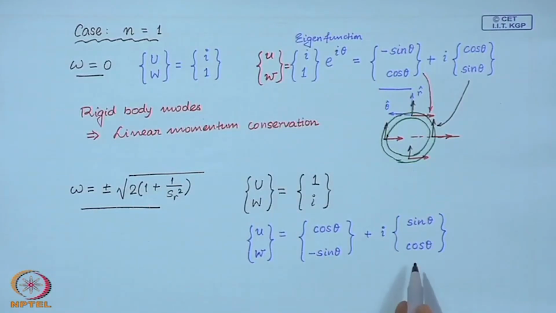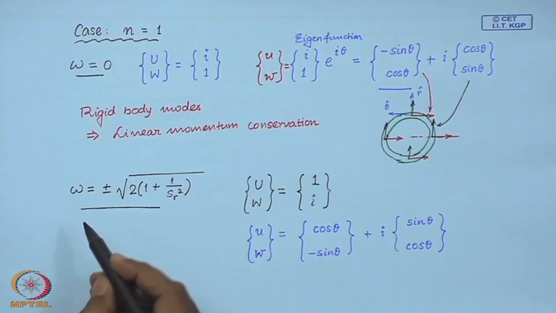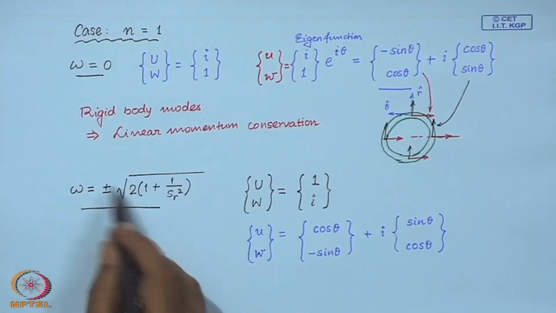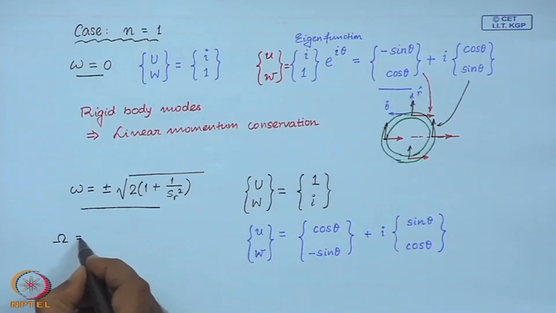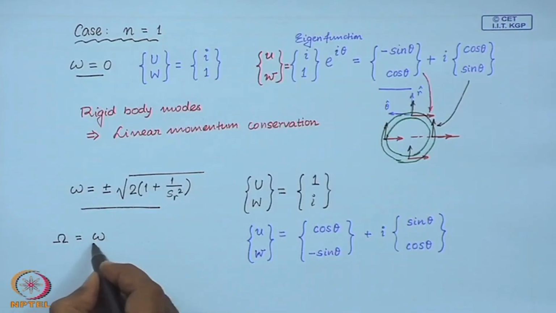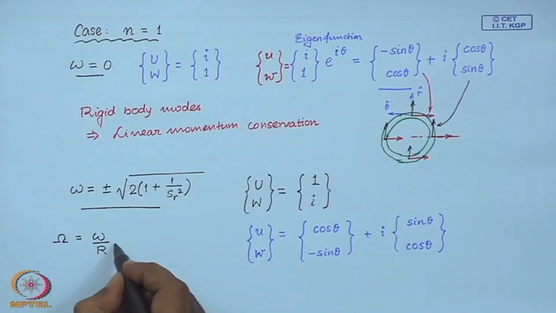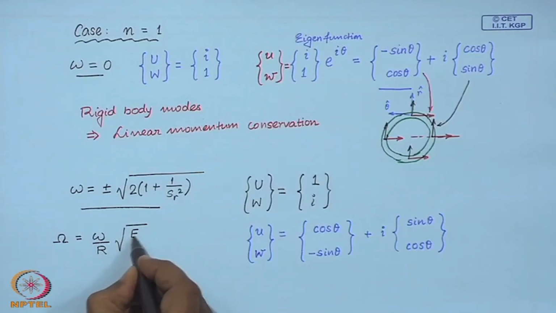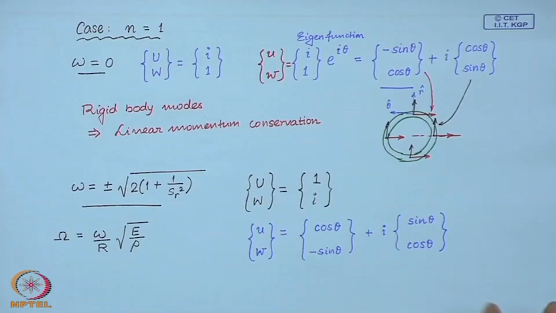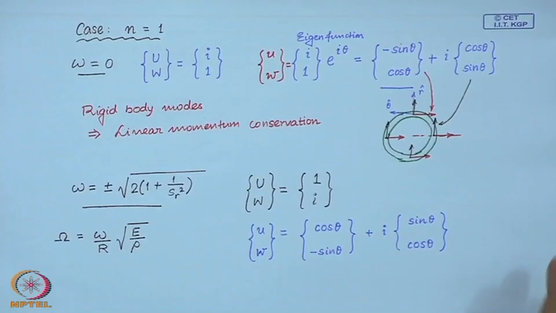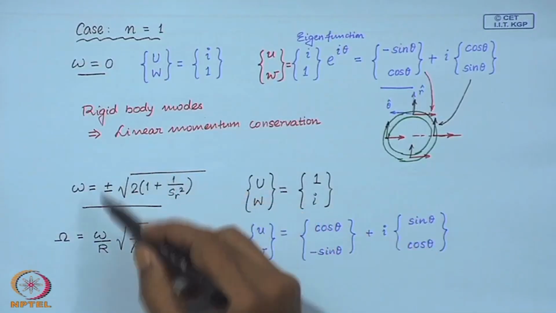Now, these are actually the non-dimensional frequencies. If you want to find out the dimensional frequencies, they are given by, so these are the dimensional frequencies. So, these are the eigen functions that we have for this mode.